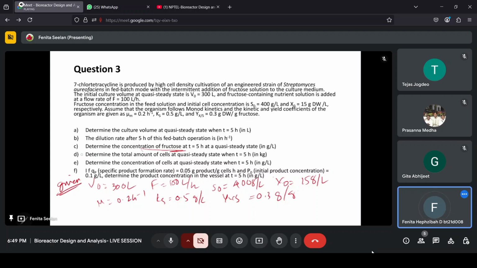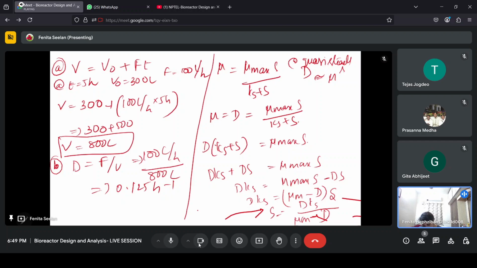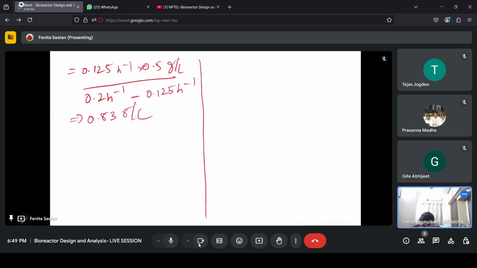The fourth question is to determine the total amount of cells at quasi steady state when time is equal to 5 hours. So how do we calculate the total amount of cells? It is given that this is a high cell density operating system.